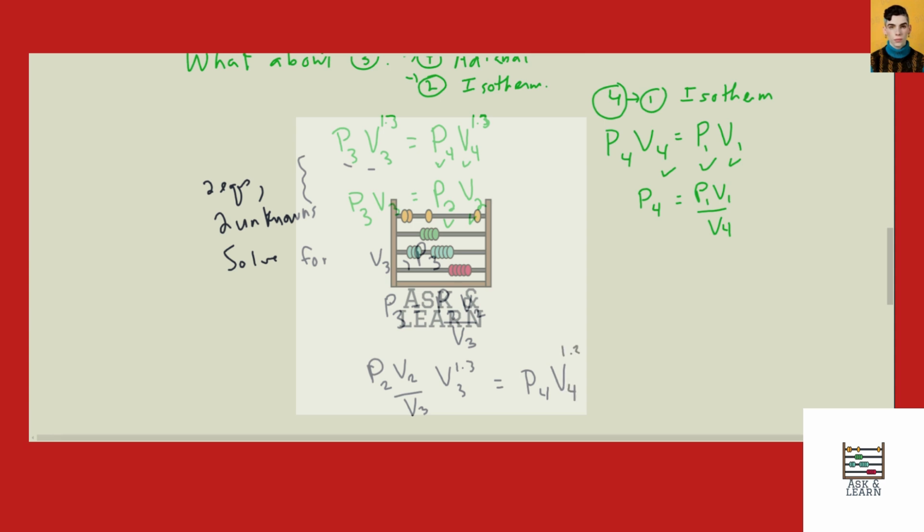And solving that, we get volume 3 is equal to 5.84 times 10 to the minus 2 cubic meters, and then we can solve for pressure 3.